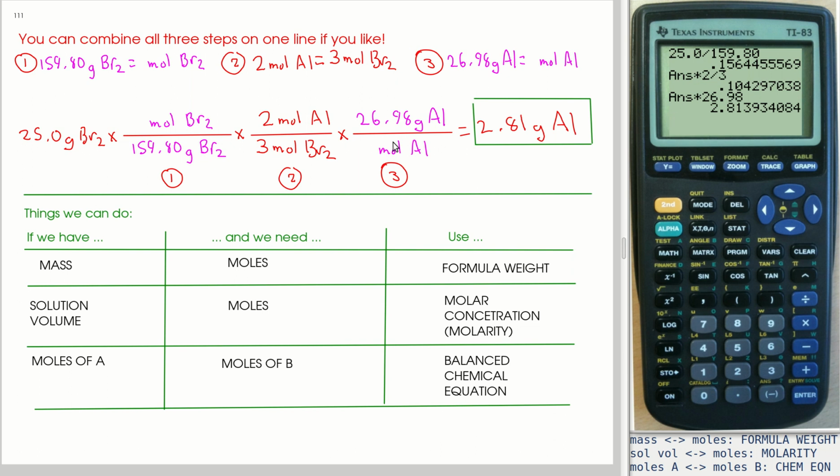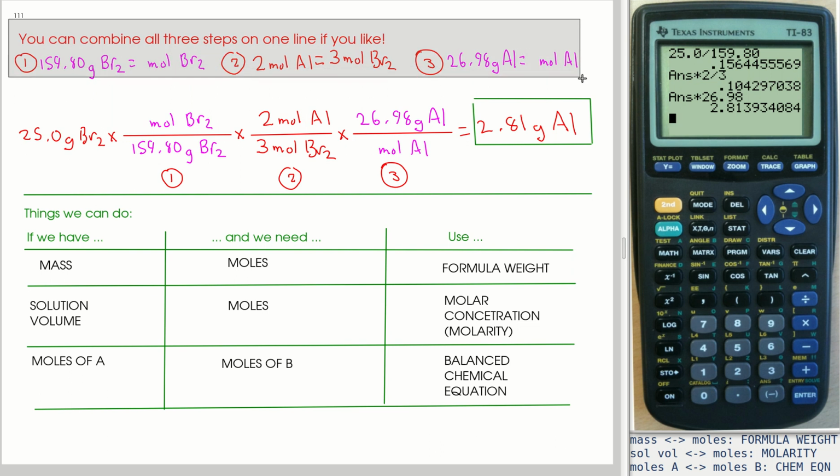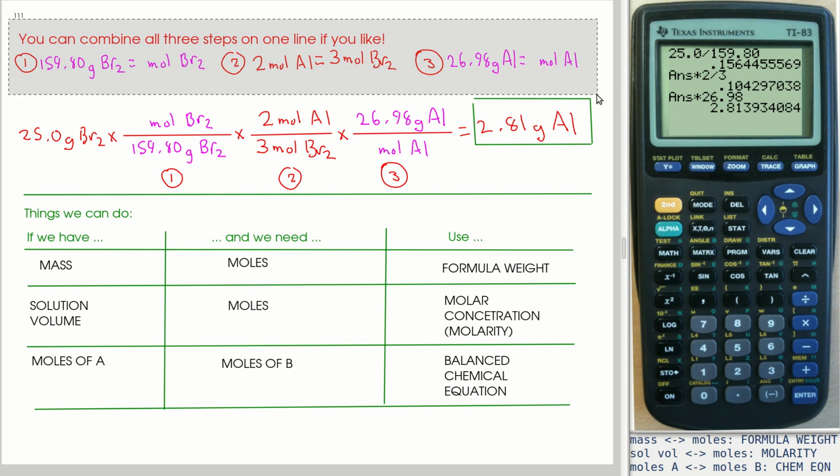When you get comfortable with solving problems like this, then, to save space, you can solve the problems entirely on one line. Now, if you choose to do it that way, do not skip this part. Do not skip writing the factors down, because dimensional analysis is a visual method.